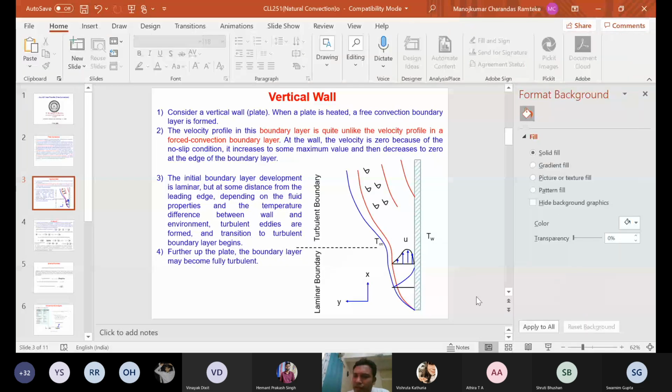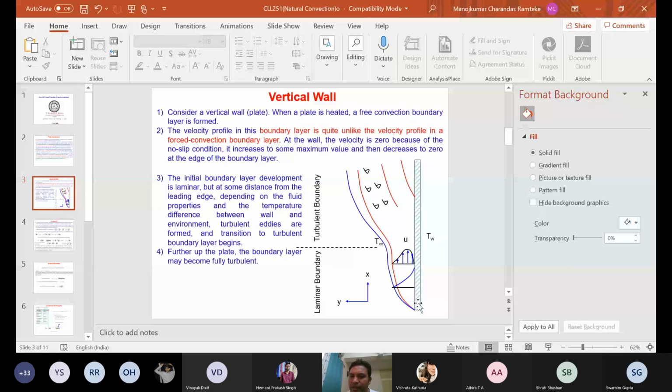So this vertical wall is at a higher temperature, let's say TW, and since we are looking at free convection, that means this fluid is initially in a stagnant mode, so this fluid is not moving. The temperature of the wall is higher than the free stream temperature T infinity. So TW is greater than T infinity.